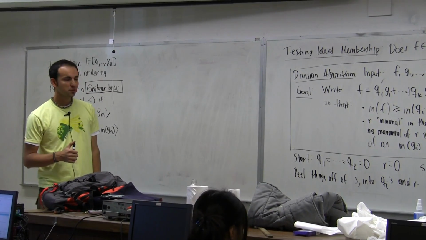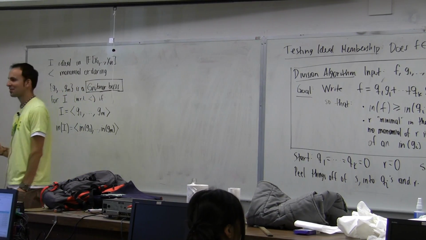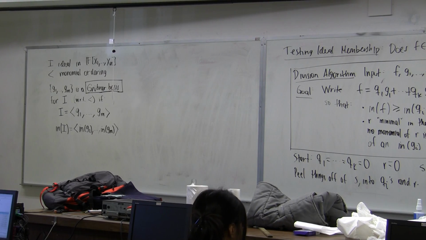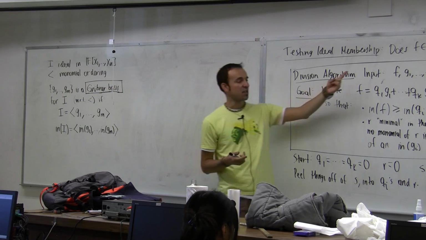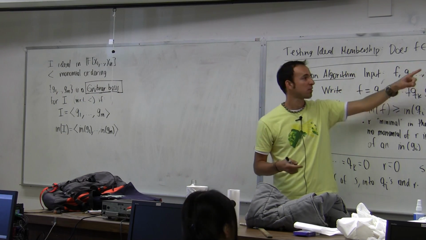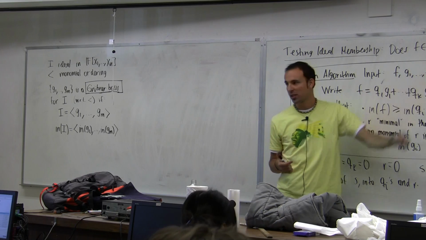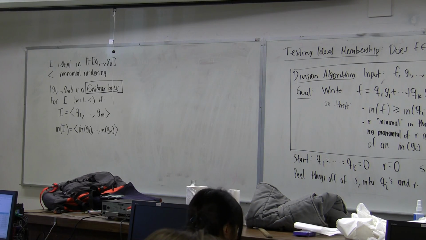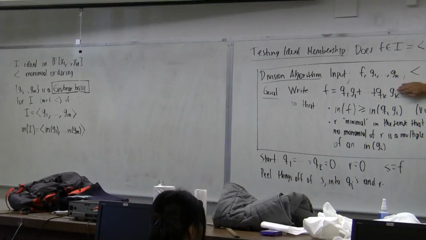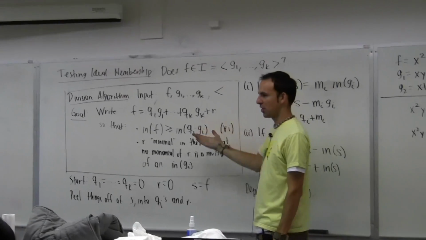So right, that's the next thing that I was going to say, which is why should this be very worrisome to us? Well, because we were after the answer to this question. We wanted to know, is F in the ideal generated by the GIs? And what we wanted to say is, if R is 0, then F is generated by the GIs. If R is not 0, then it's not.